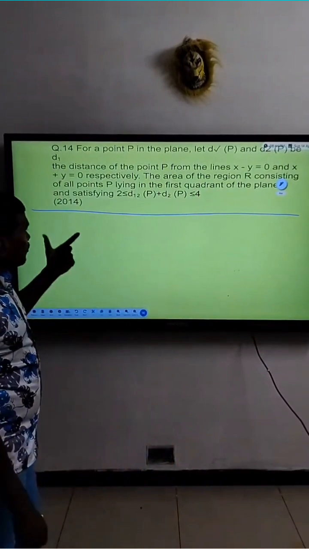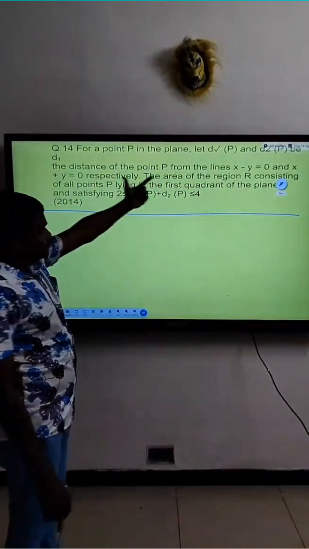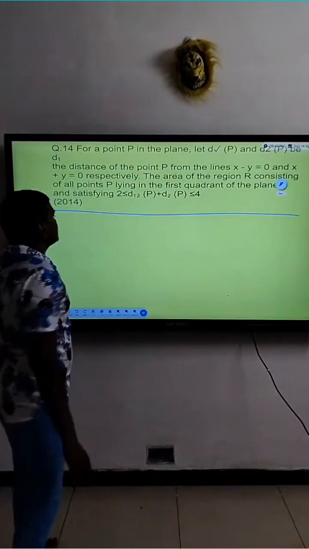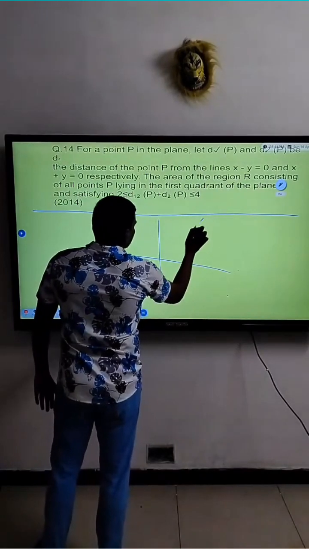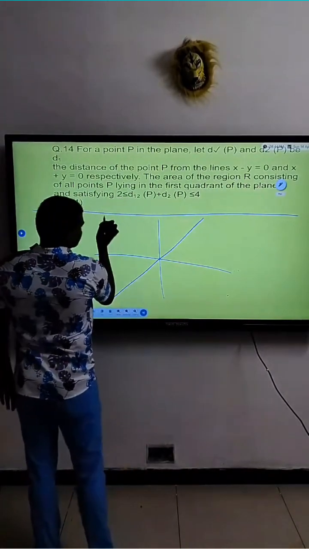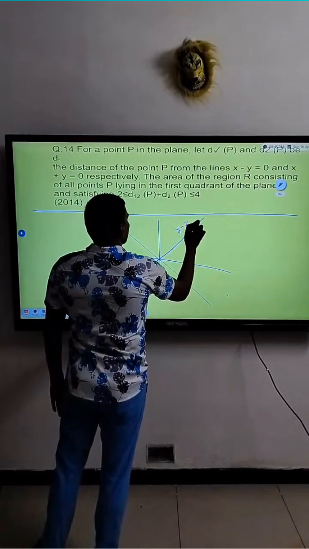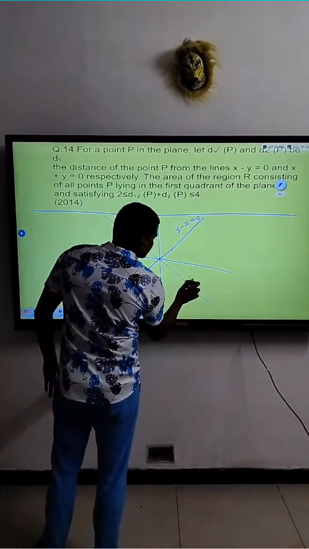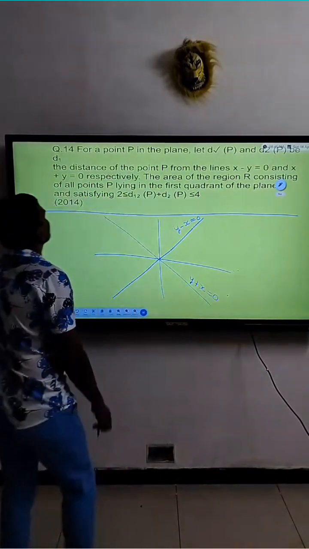What they say: for a point P in the plane, D1, D2 be the distances of the point from the lines. See, first of all, we are plotting those lines. This is your y minus x equal to 0. This is your y plus x equal to 0.